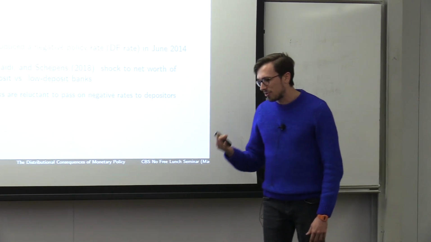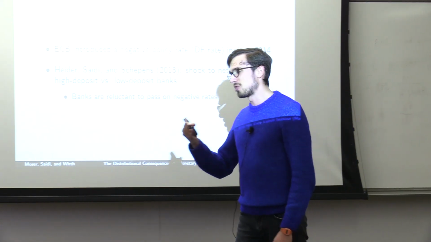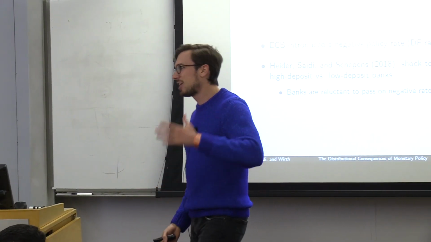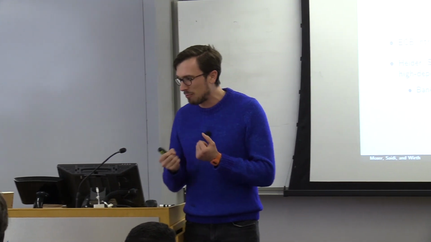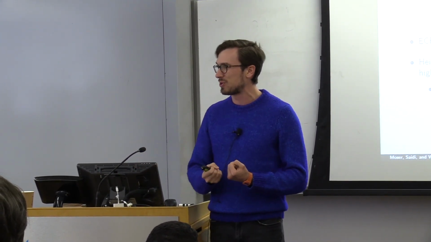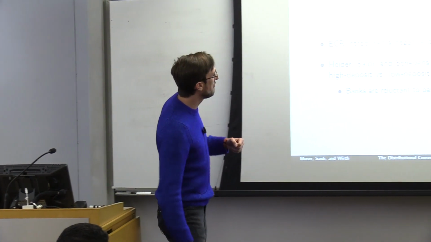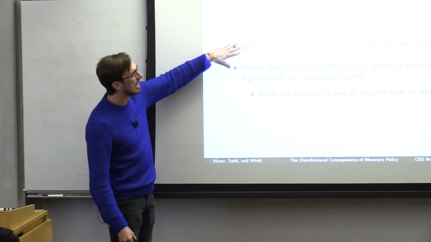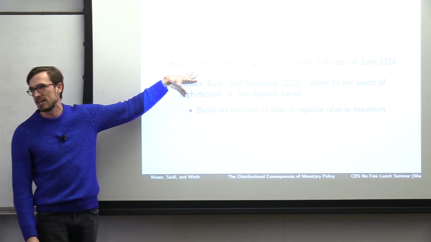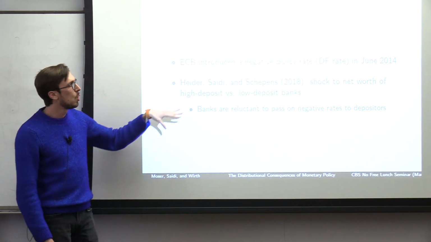Now, when I talk about credit supply and monetary policy so far, I've been rather abstract. Now, here's the specific instance, and I want to almost call it a natural experiment that we want to exploit in this research project. As many of you may be aware, the European Central Bank back in 2014 introduced negative interest rates for the first time. What does that mean?